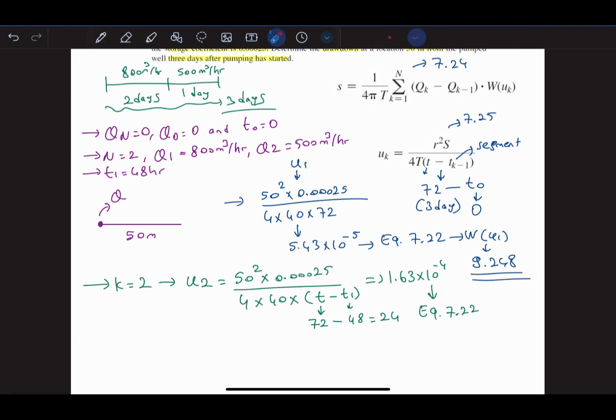So now it's time to use this drawdown for changing flow rates.